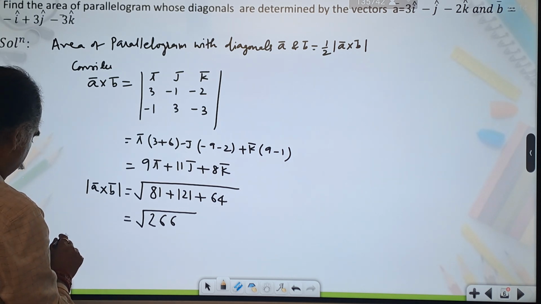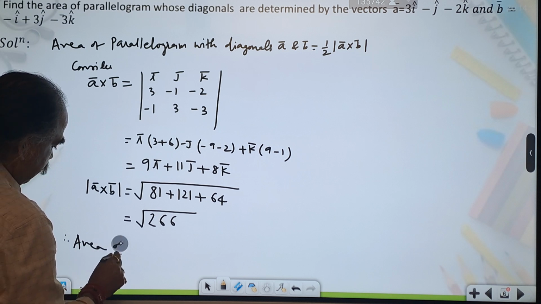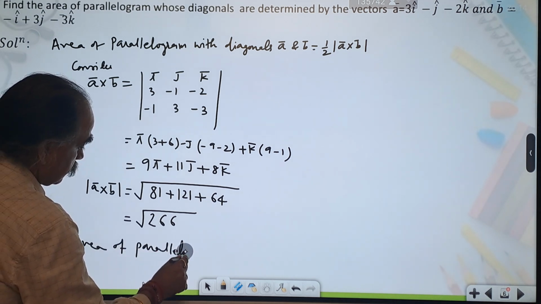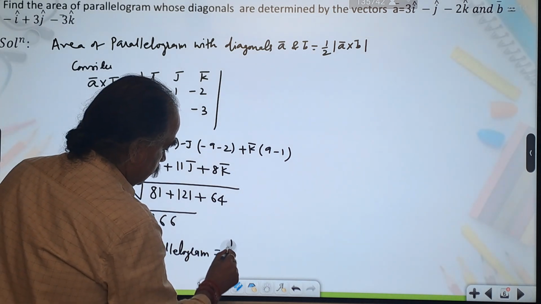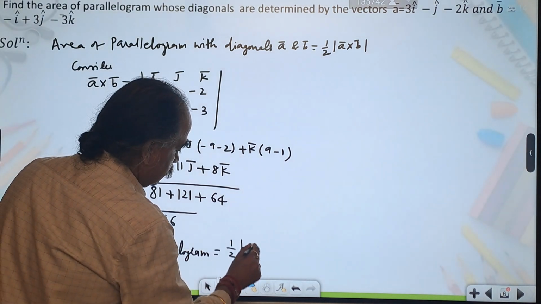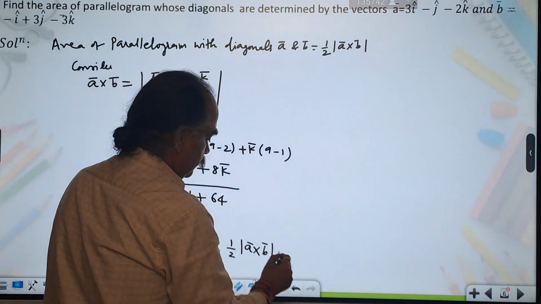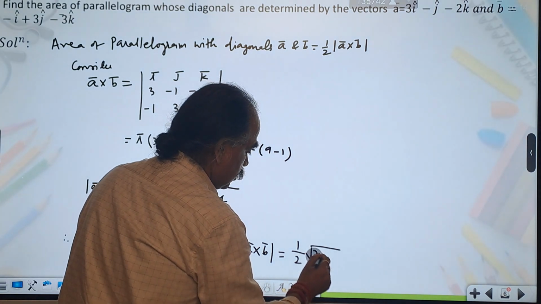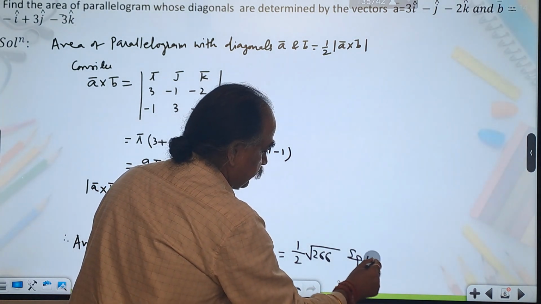Therefore, area of parallelogram is half mod A bar cross B bar, half root 266 square unit.